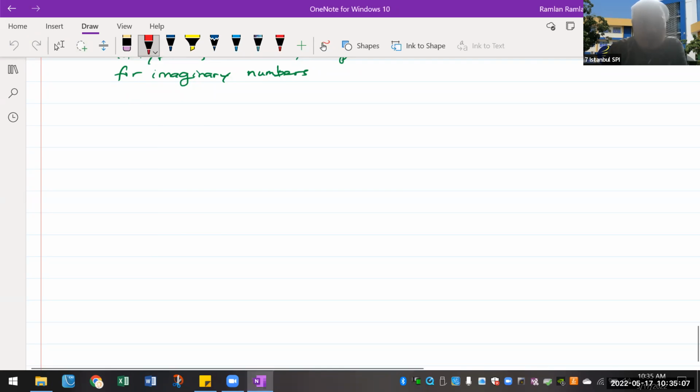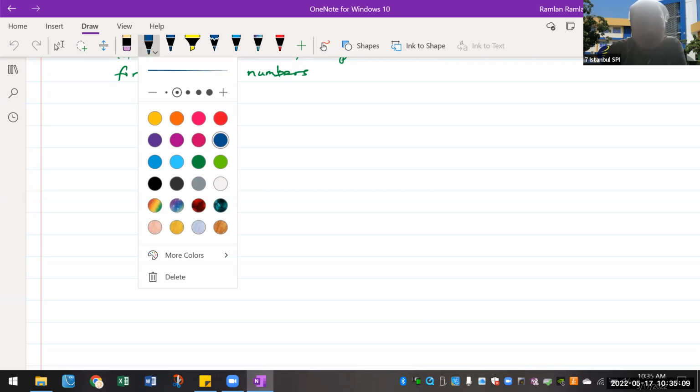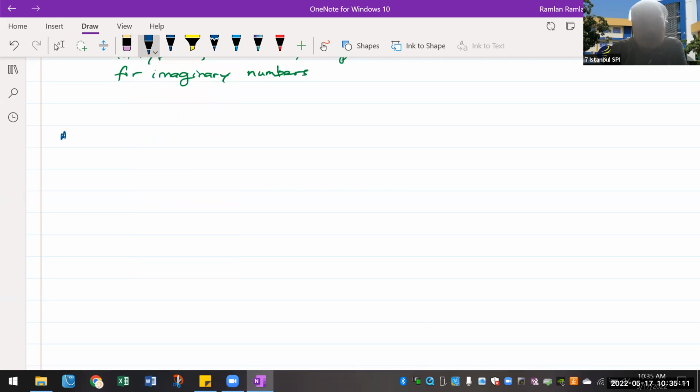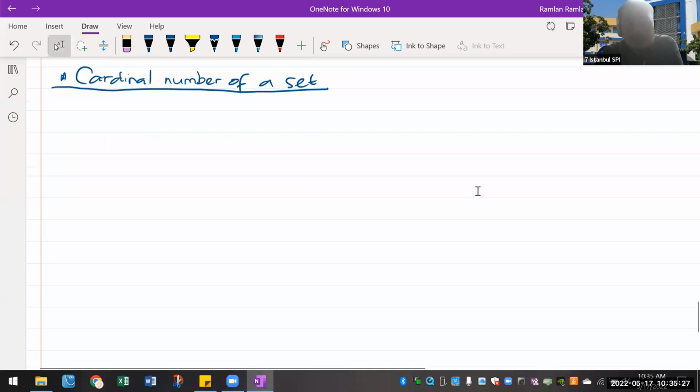So for today's topic of sets, the first title is the cardinal number of a set.